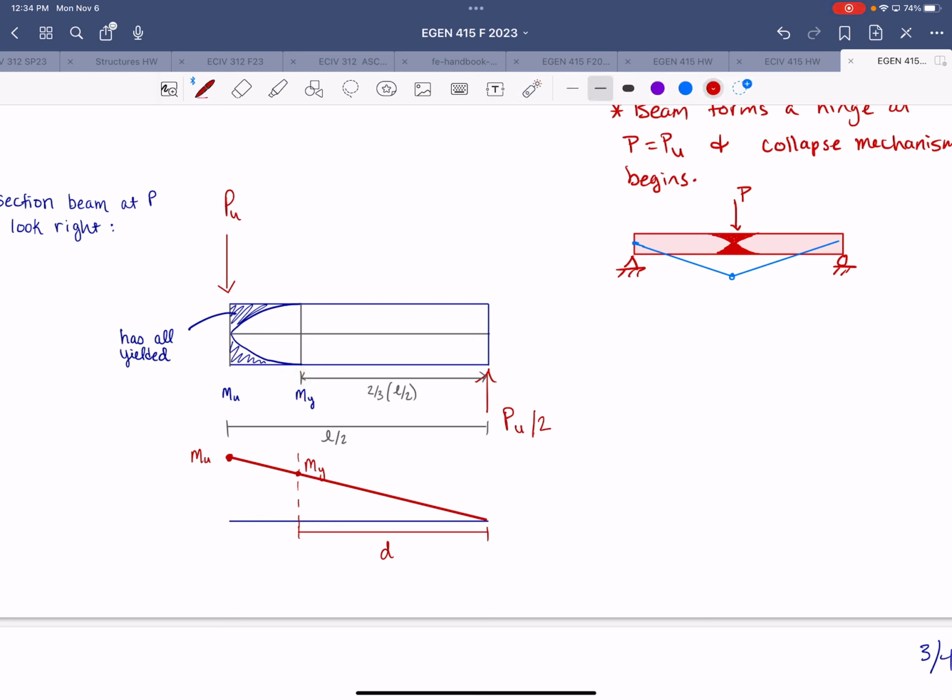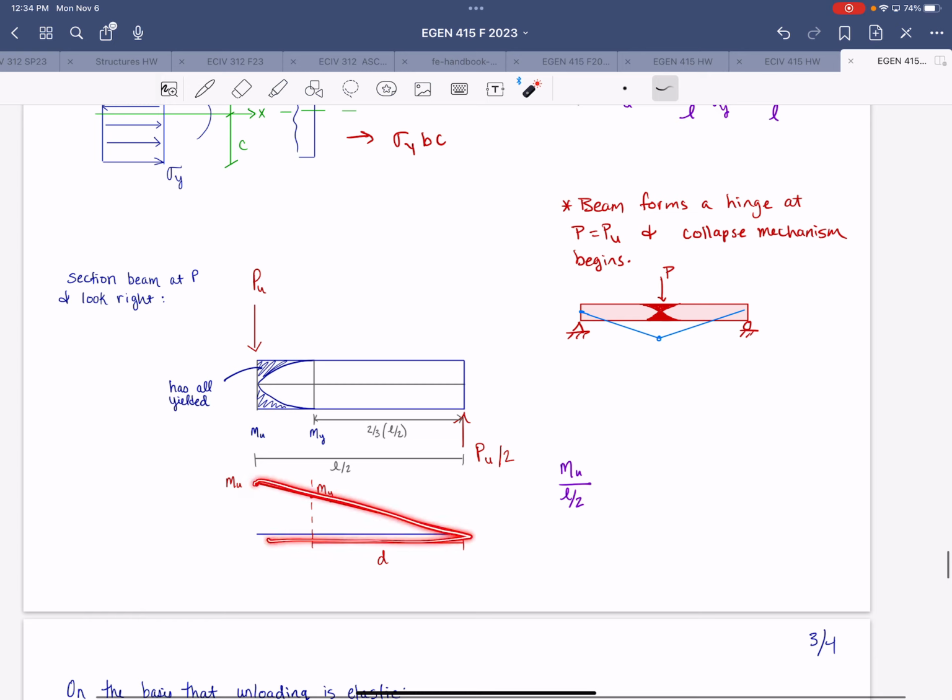So we can simply relate Mu over half the beam length. We're just using similar triangles here. And by the way, this is taking the right side of the moment diagram, so I'll make a note of that. That's the right side of the moment diagram, which, remember, was linear. Set that equal to My over the distance that we're trying to find.